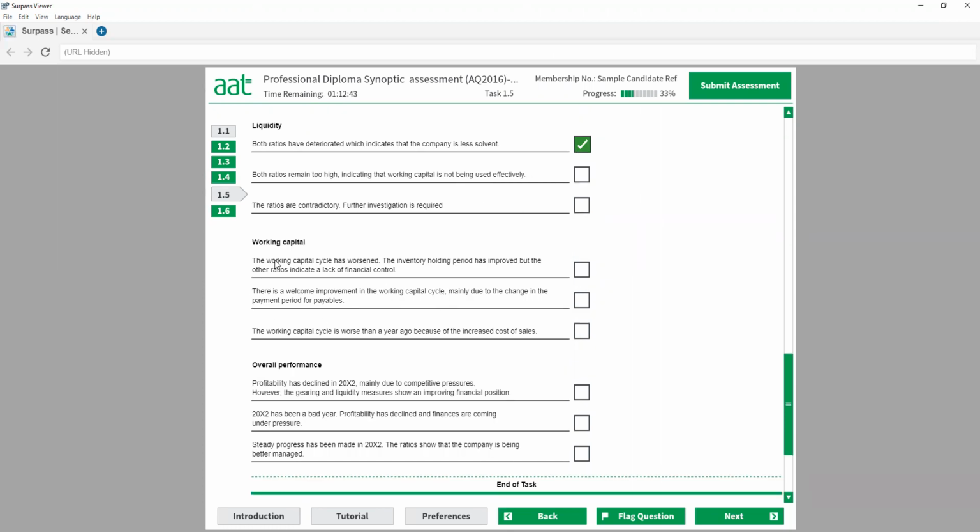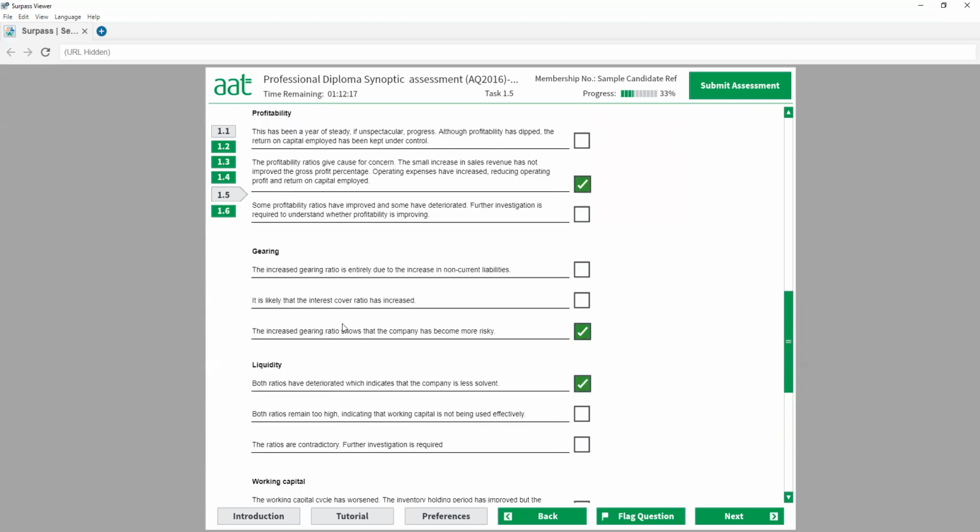Then working capital means how long I can hold the money in my business. So the working capital will be good if I pay my supplier late and if I collect the money from my customer really quickly. So it's better if I can hold the money from my supplier long and collect the money quickly from my customer, then my working capital will be improved. So working capital cycle is decreased.